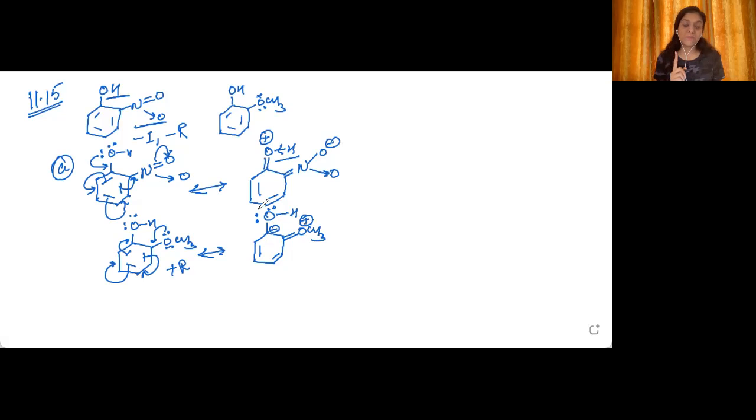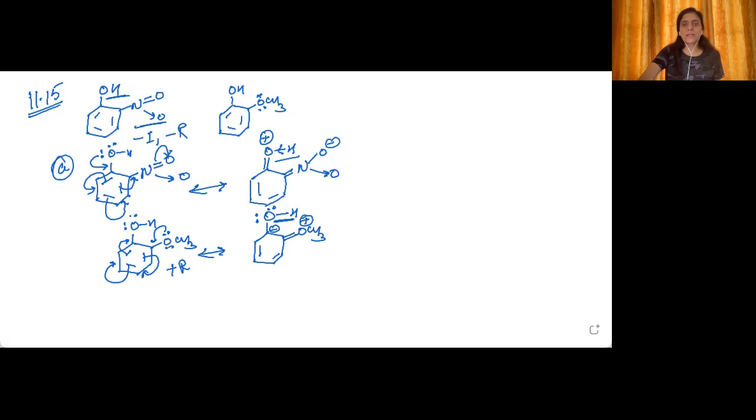This is leading to destabilization. And what will happen? The polarity of this OH bond will decrease because there is already a negative charge near to oxygen atom. So the release of proton will become difficult. This is the first explanation, before the release of proton.